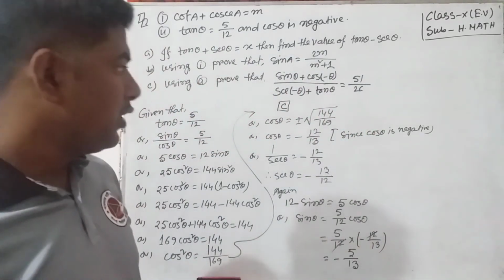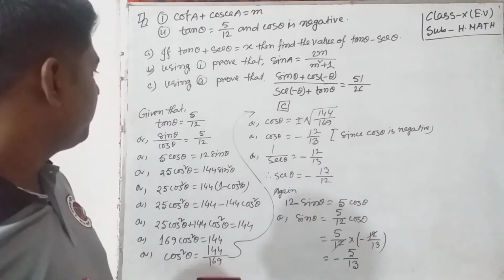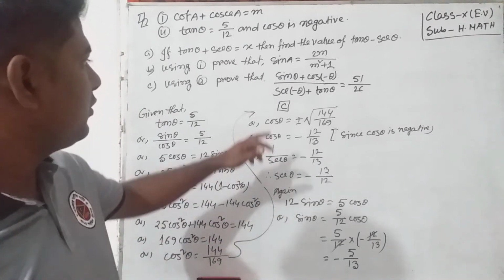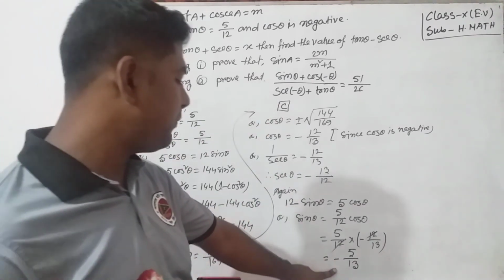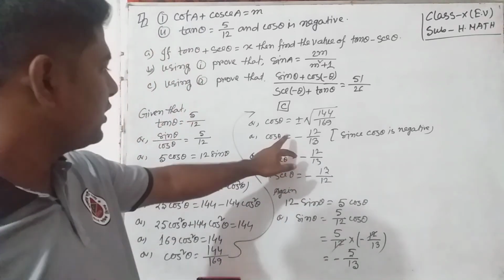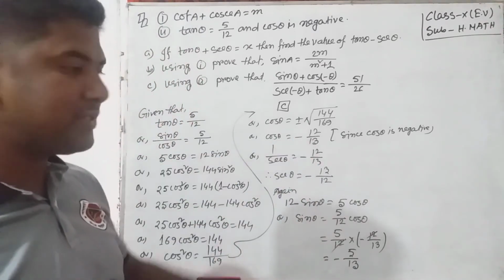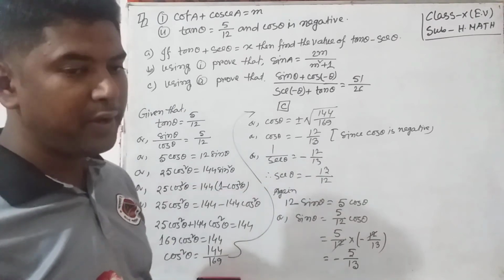We find sin theta equal minus 5 by 13, cos theta equal minus 12 by 13 and sec theta equal minus 13 by 12.